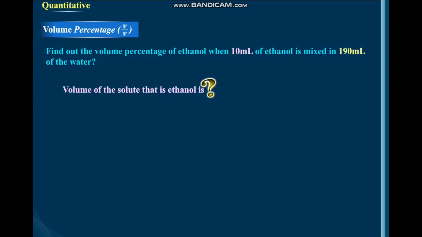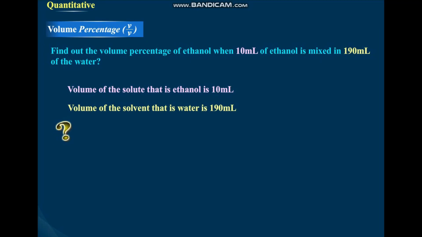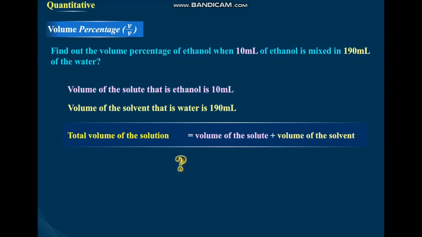Volume of the solute, that is ethanol, is 10 ml. Volume of the solvent is 190 ml. Total volume of the solution would be volume of the solute plus volume of the solvent.